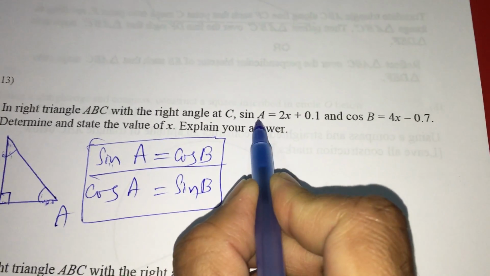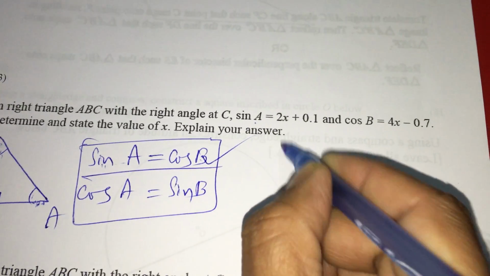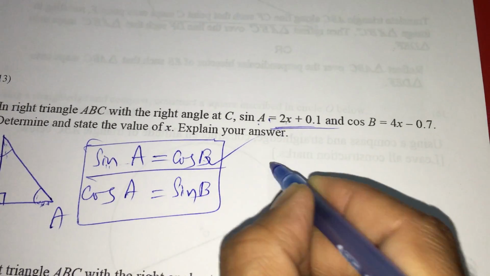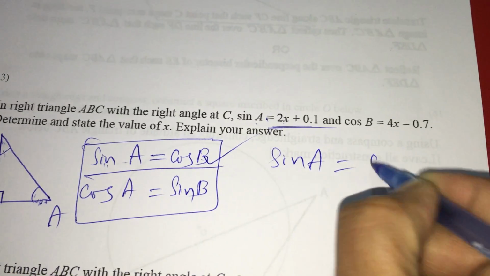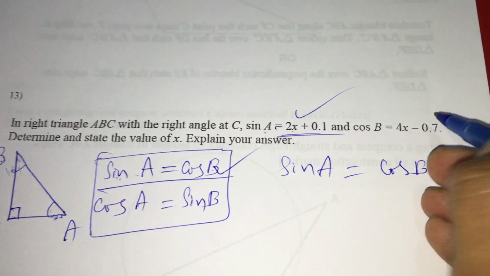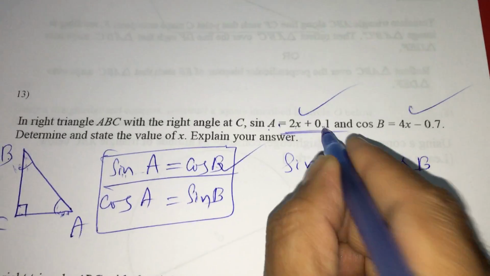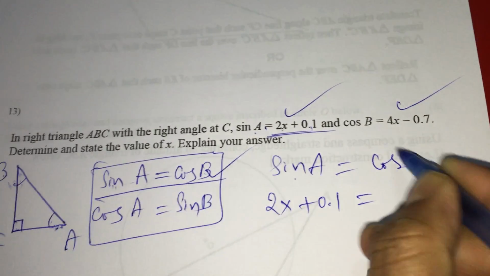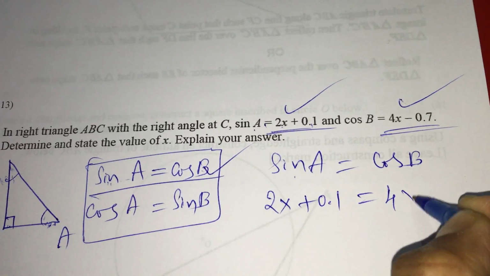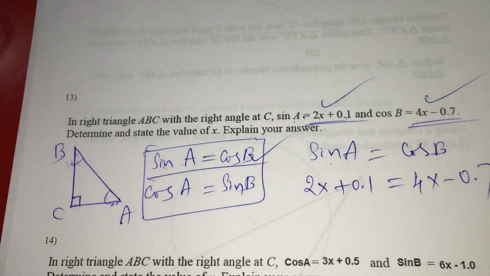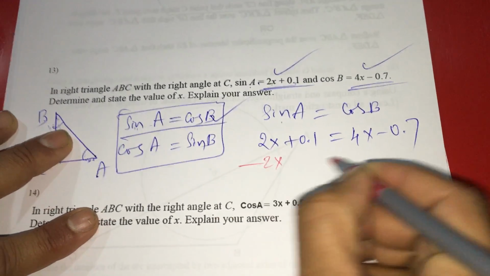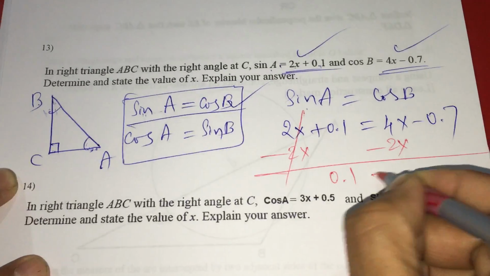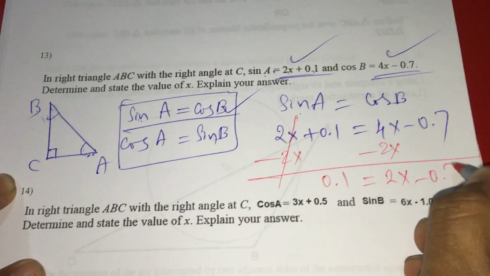Here sine A is given. Sine A is equal to cos B. That means this equation must hold: sine A value is 2x plus 0.1, whereas cos B value is 4x minus 0.7. Now, on subtracting 2x from both sides, you get 0.1 equals 2x minus 0.7.